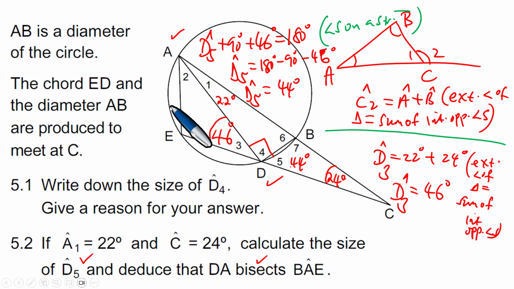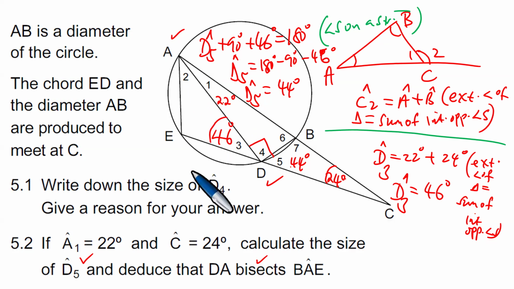You need to think about it. You need to show that A1 and A2 are equal, because they're saying deduce that DA bisects BAE. To prove that DA bisects BAE, we need to show that A1 and A2 are equal. Then this angle is bisected. To bisect an angle is to divide it into two equal angles.